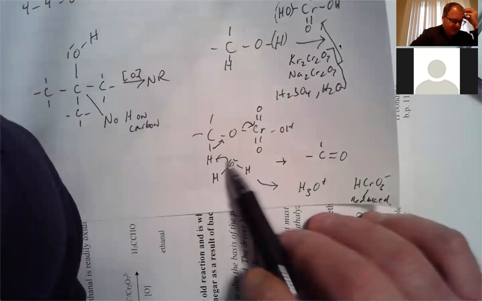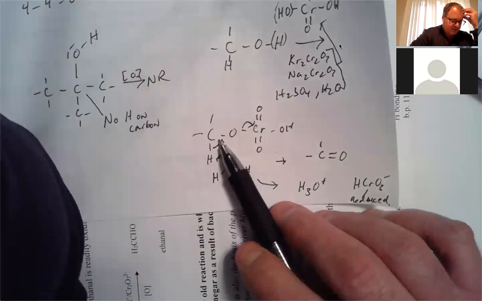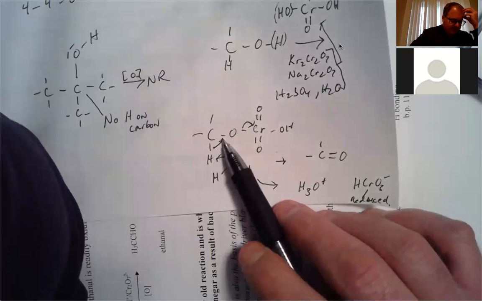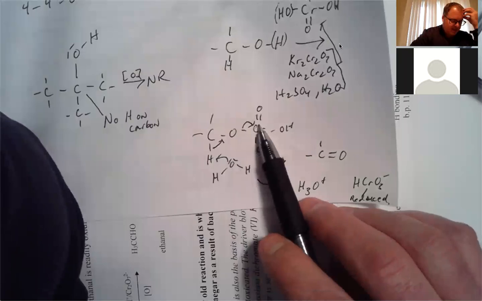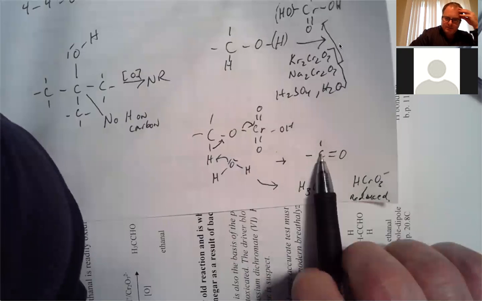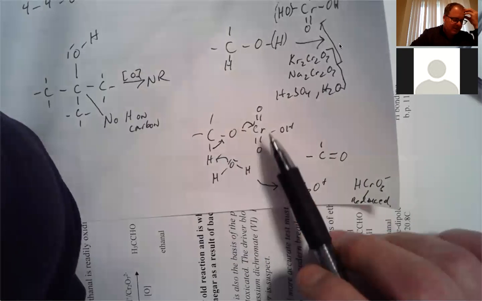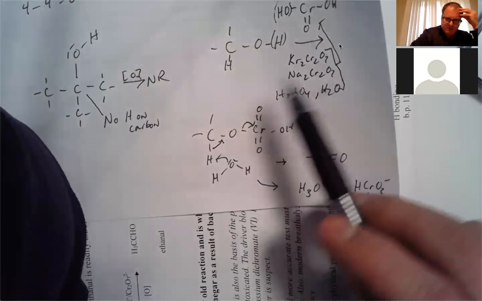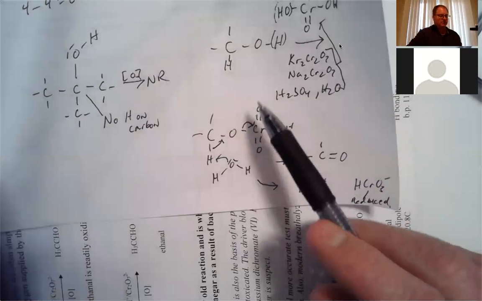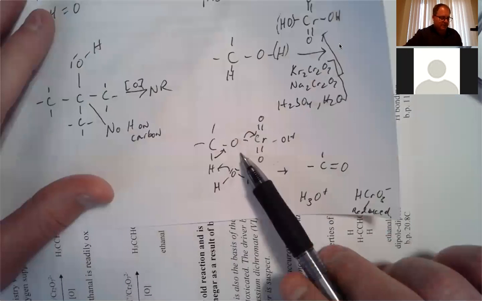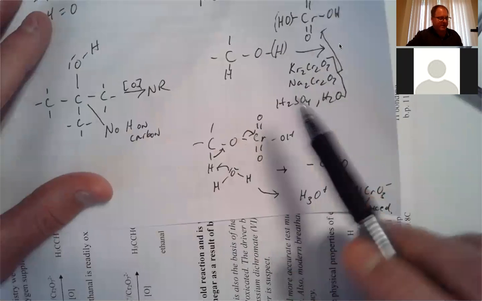And when that happens, the electrons for this bond come into here, and then this goes back, and that's how we get that double bond. Now, again, I don't think you'd ever have to show them this. Like I said, I may be going too deep into it, but that's the reaction mechanism for that.